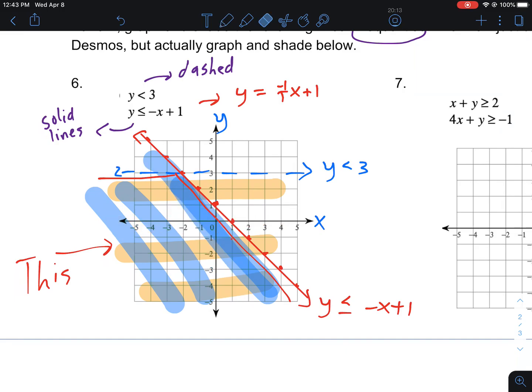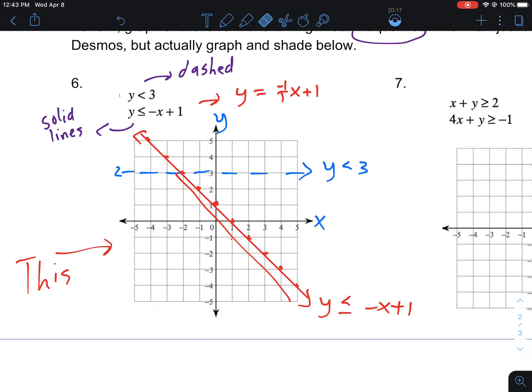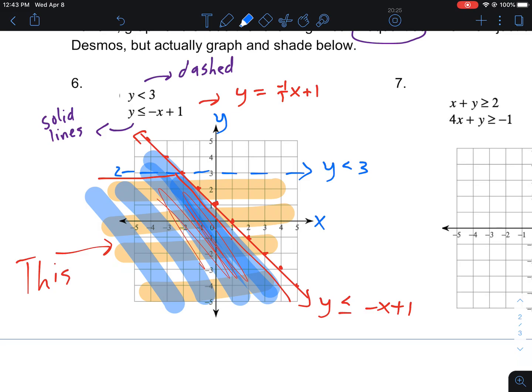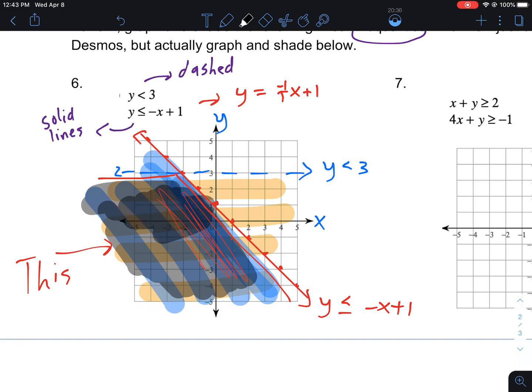Or maybe you could shade over it with a darker color, or you could completely erase it like I just did and just say this is the answer right here. Or again, if we go all the way back here, just pick a different color and make it real obvious that that's your answer.